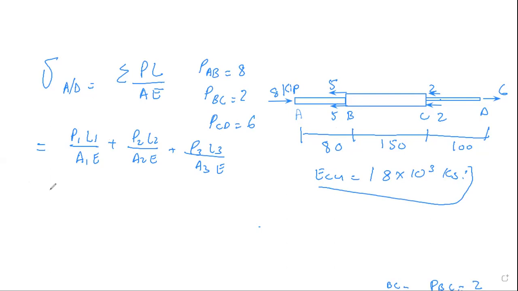Now we have to determine A. If you remember, initially they gave the diameter of each member. The diameter for member AB was 0.75, diameter of member BC was 1, and diameter of member CD was 0.5.